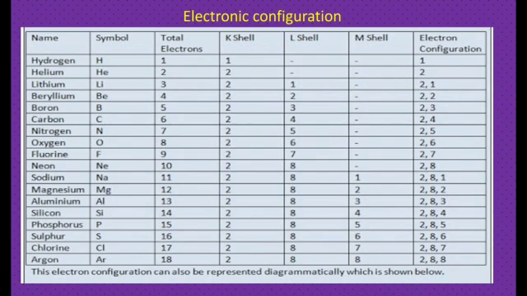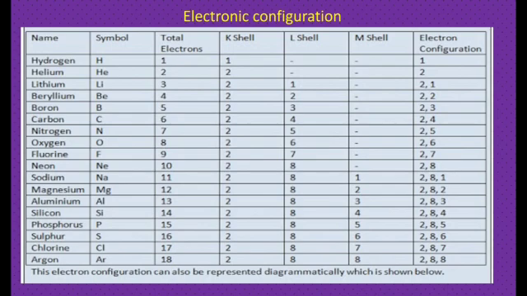Only 2. Then how many are left now? 4. Those 4 will be in the second shell, that means the L shell. So the electronic configuration, how will we write? 2, 4. In between you have to put a comma. 2, 4. That is the electronic configuration of carbon, or the electronic distribution of the carbon atom.